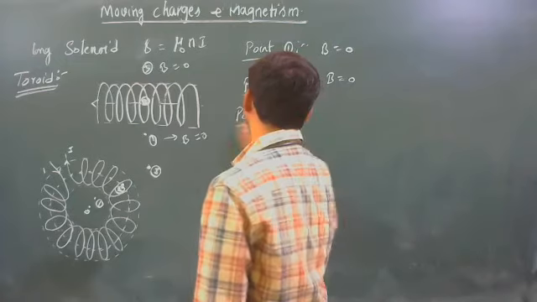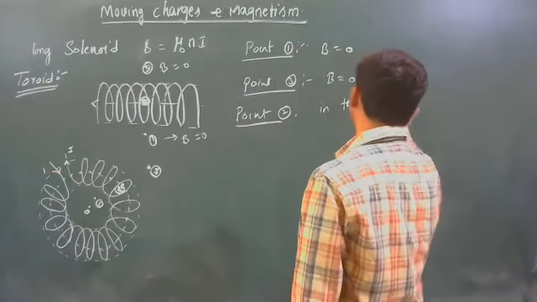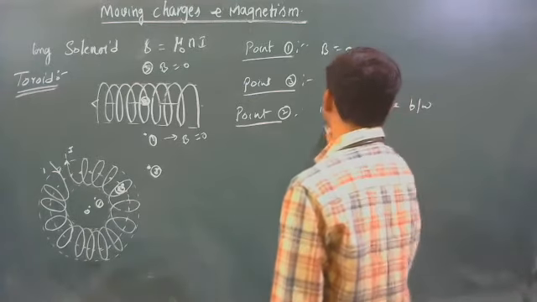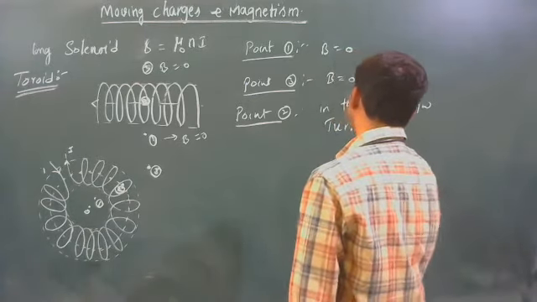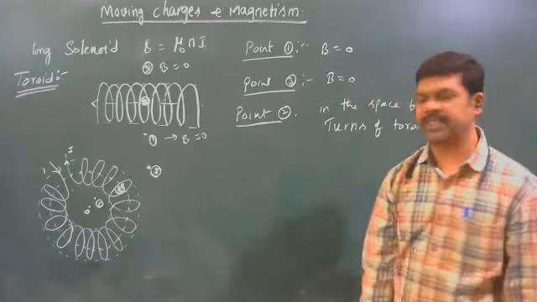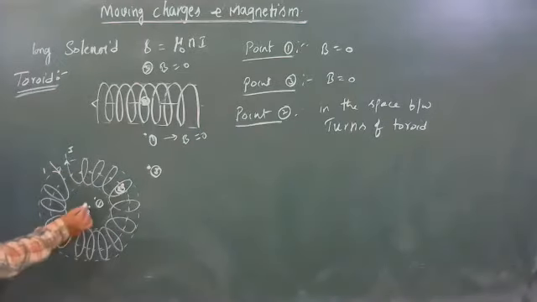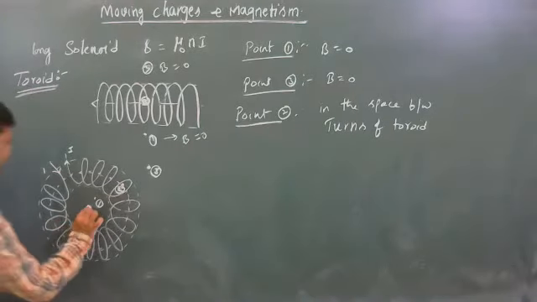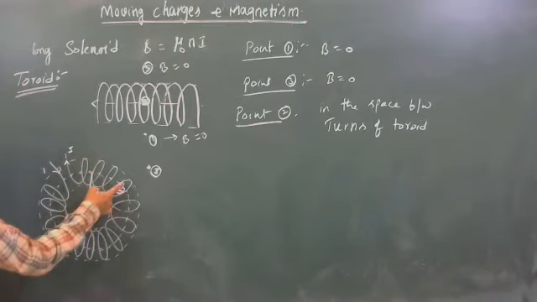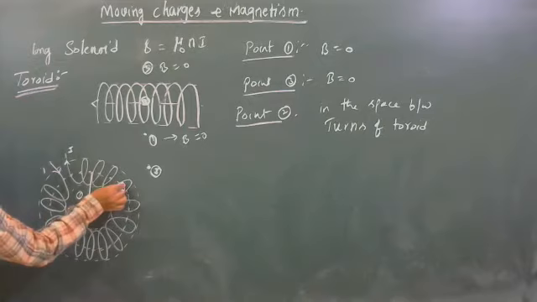Point 2 is in the space between the turns of the toroid. See, from the center to that point.